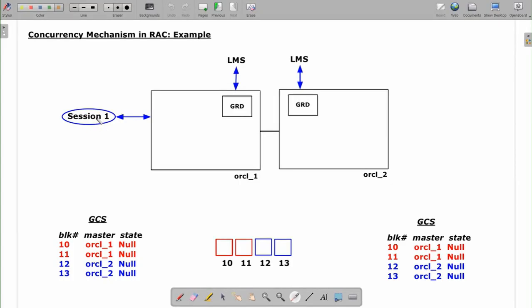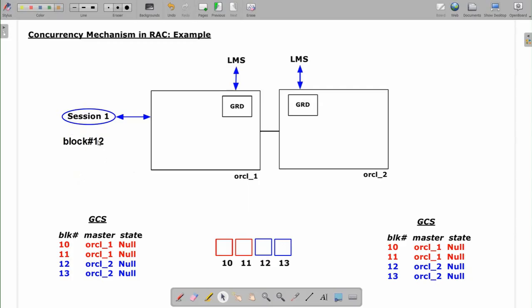We have session 1, and session 1 is connected to instance 1. What session 1 wants to do is request block number 12 for an update statement, for example.